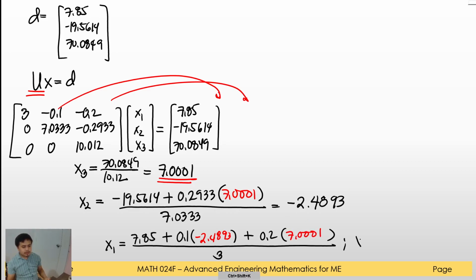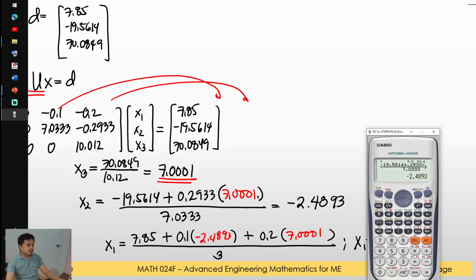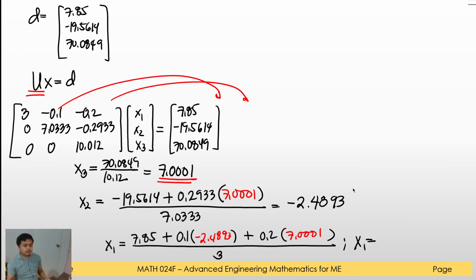So x1 will be equal to 7.85 plus 0.1 times negative 2.4893, plus 0.2 times 7.0001. Okay, so this will be 3.0004. This will be your answers.